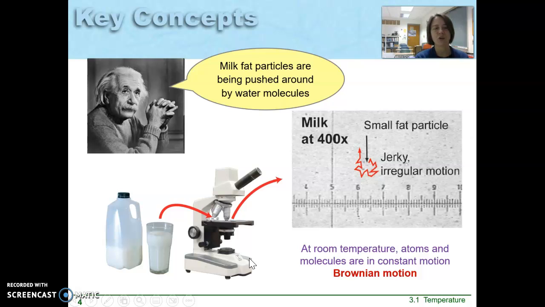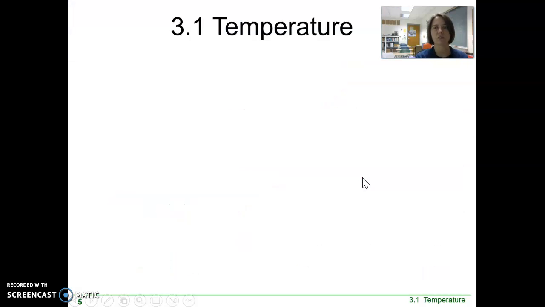He looked at milk under a microscope, and you can see that if you look at it at 400 times, which is a lot of the magnification of the microscopes we've looked at in biology, those little fat particles would move. The reason they're moving is because they're getting hit by vibrating water molecules in motion, because nothing stands perfectly still. That's called Brownian motion.